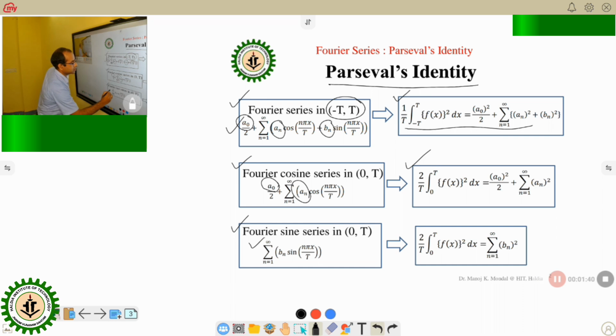This is the sine series, and here the only coefficient is bn. Regarding the coefficient bn, it's 2 by t, and this will be the Parseval's identity for the half range Fourier sine series. With Parseval's identity, we consider some examples, and regarding those examples, we prove some equality.